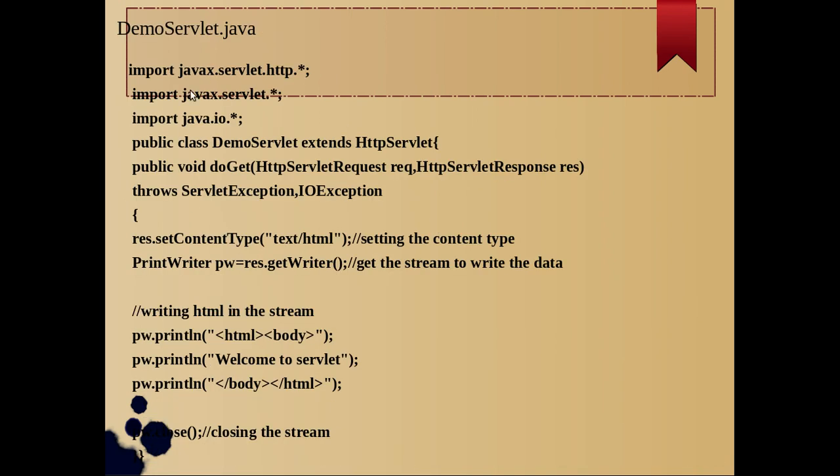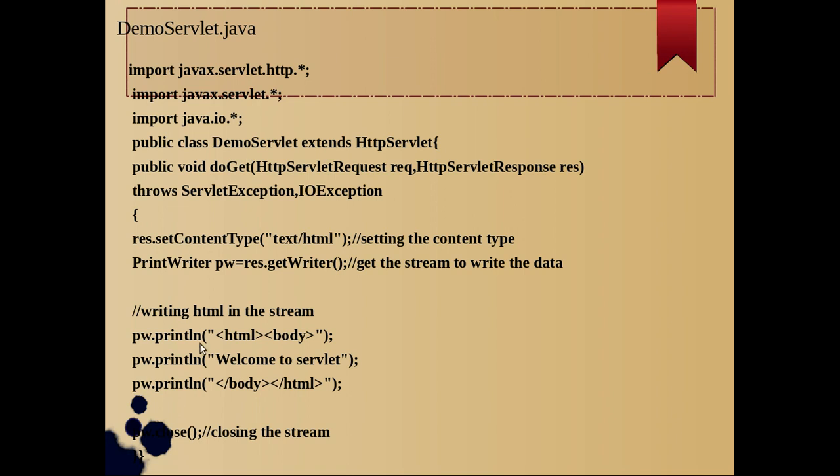So this is a simple example which shows the welcome to servlet text displayed on a browser. Here first importing is done, import javax.servlet.*, then java.io.*. This is a demo servlet, this is the class of the file. Then there is a method called doGet. It can be doPost or doService also.